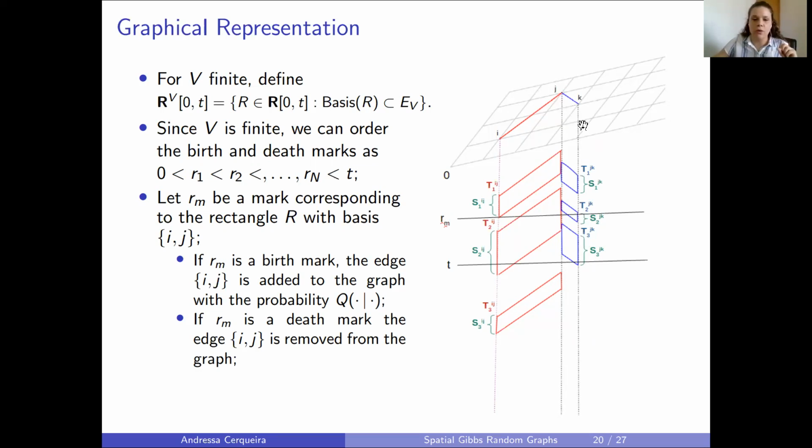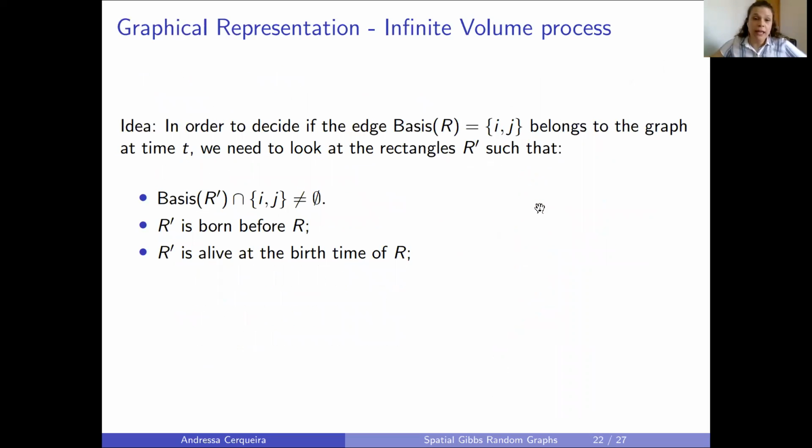This is the rectangle that we need to look at. So here, when V is infinite, what we can try to do is write this relation here to decide if an edge I and J will belong or not to the graph.